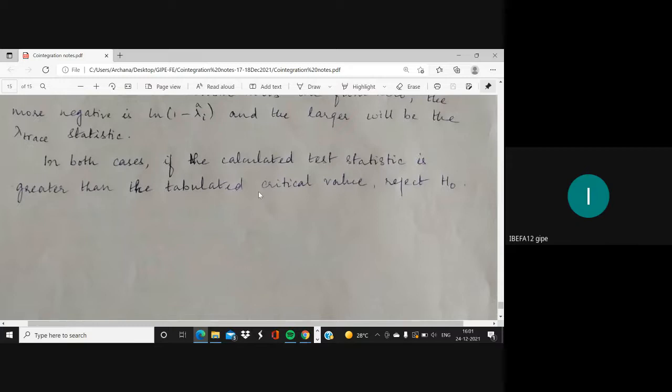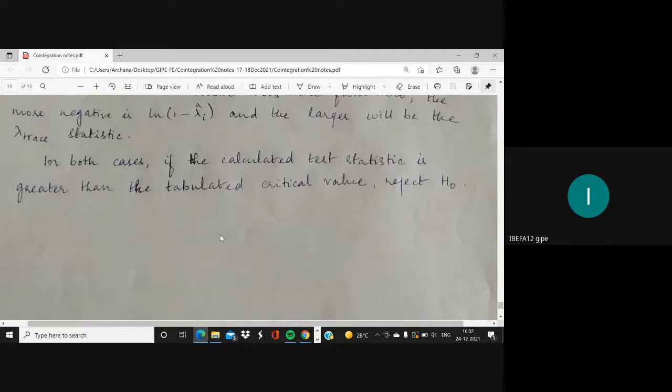And just like degrees of freedom, here you'll be checking against n minus r, where n minus r is the number of non-stationary components, or variables, in your VAR model.